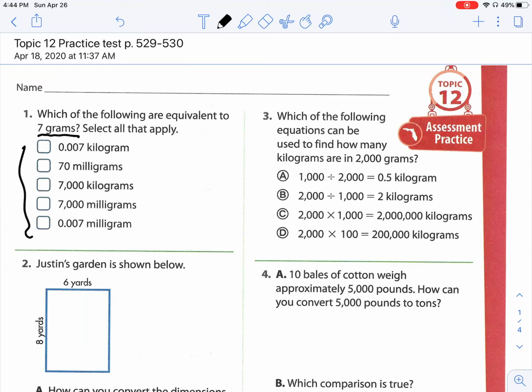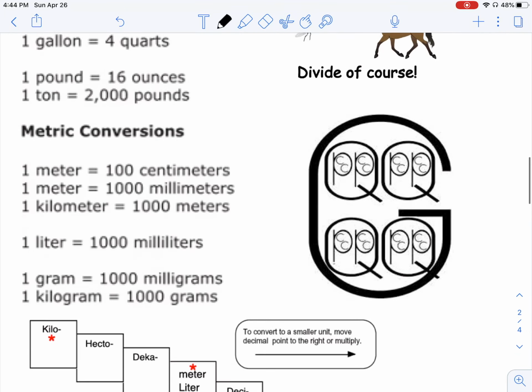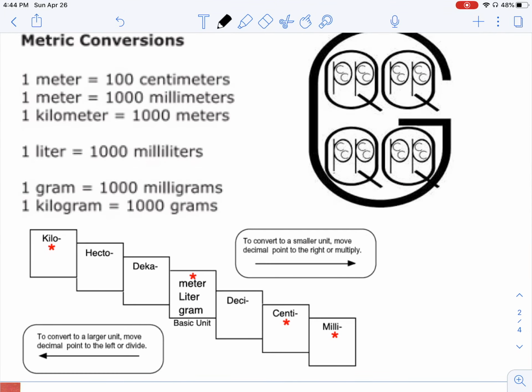Okay? So I see they have kilograms, milligrams, kilograms again, milligrams, milligrams. So I'm just going to need to convert 7 grams into kilograms and milligrams, and then we should be in good shape. So I'm going to go to my metric conversions here.